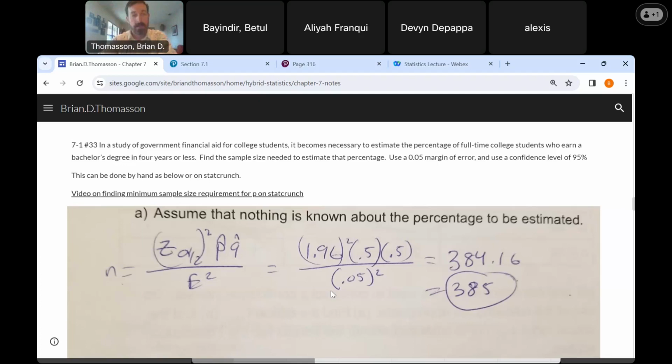Now, if we set how wide we want our interval and what confidence level we want, so in other words, we say, okay, we want it to be this wide and we want it to be 99% confident, we can calculate how many people we need to sample for that to happen. And that's what they're doing in this problem.